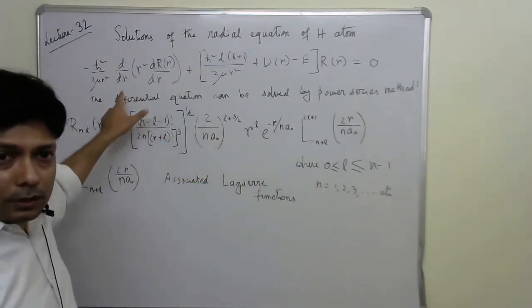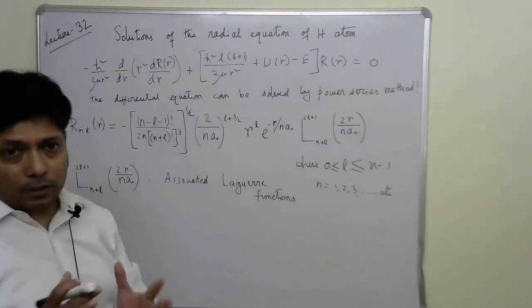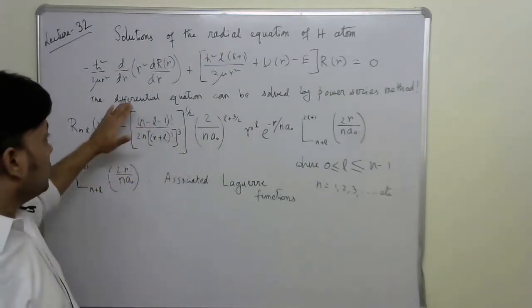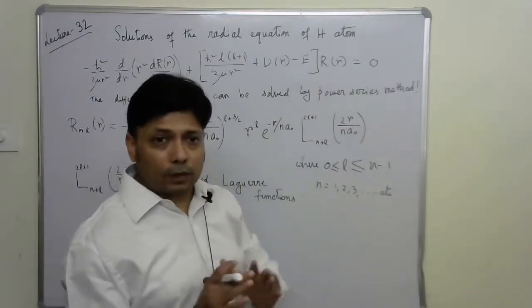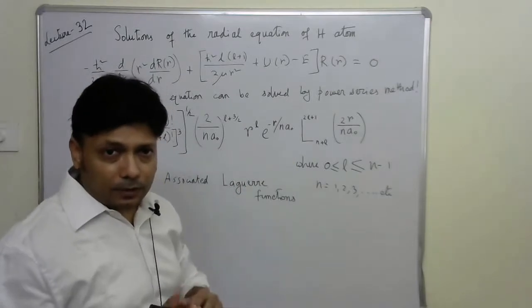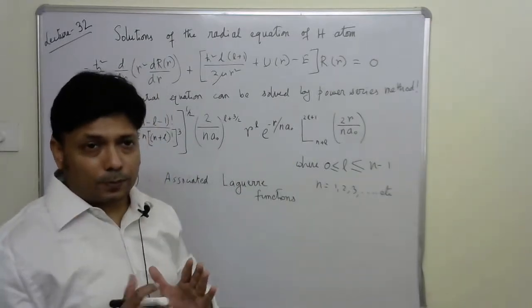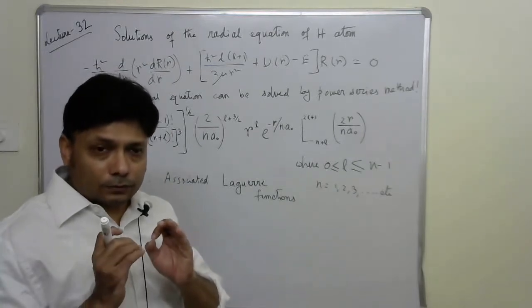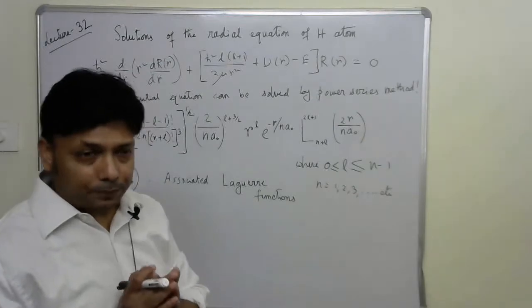So this differential equation cannot be solved by any easy method. It can be solved by a power series method, and thankfully it can be solved exactly, and all the solutions of the hydrogen atom can be derived directly.